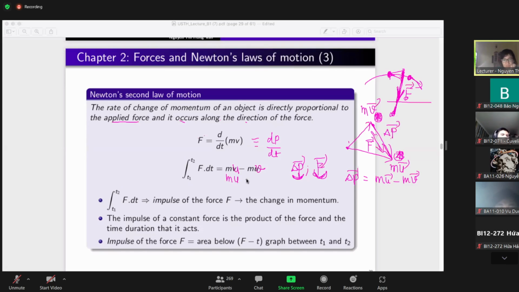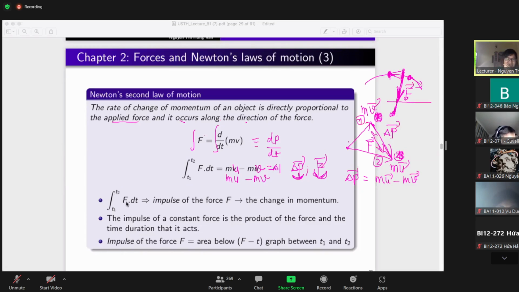MU minus MV. For example, V is 1, U is 2. If you make integral both sides, and then you get this integral equal to delta P. And then we denote integral of F dt.